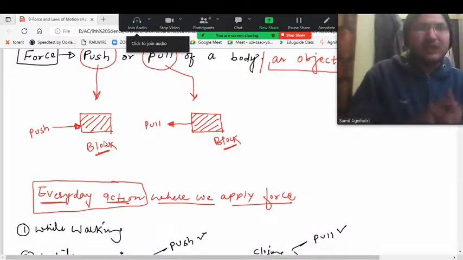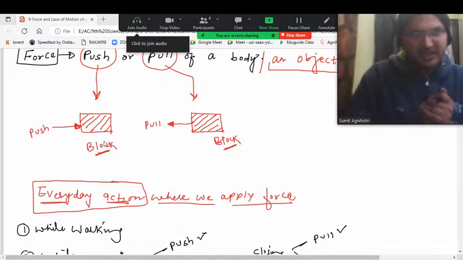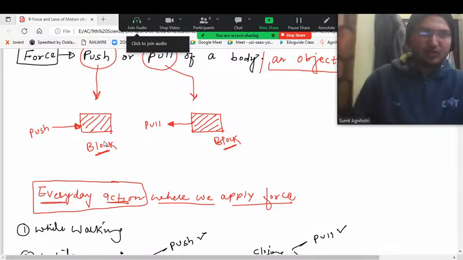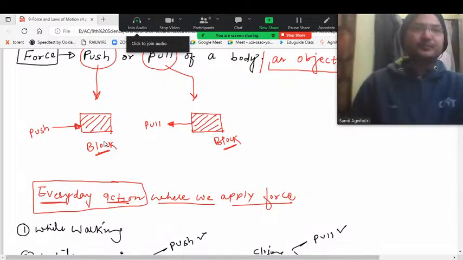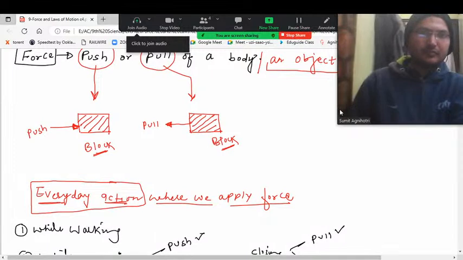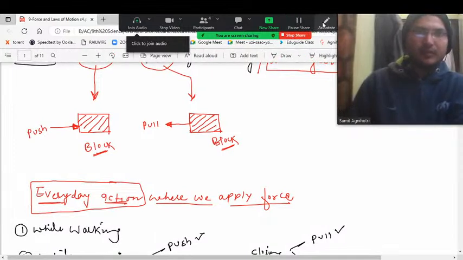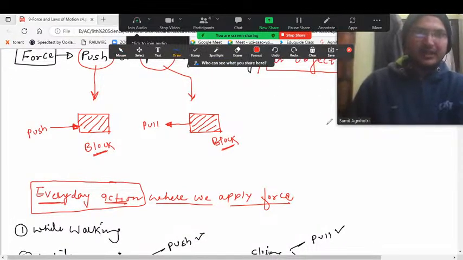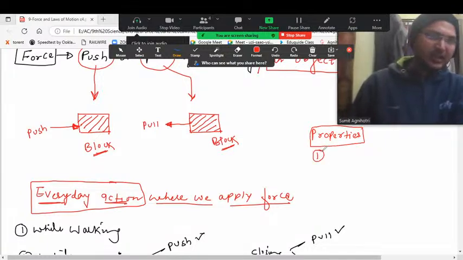Now there comes what are different properties of force. Can you tell me what are properties of force? What can a force do? Yeah, tell me different properties of force now. Yeah, forces may be contact or non-contact.